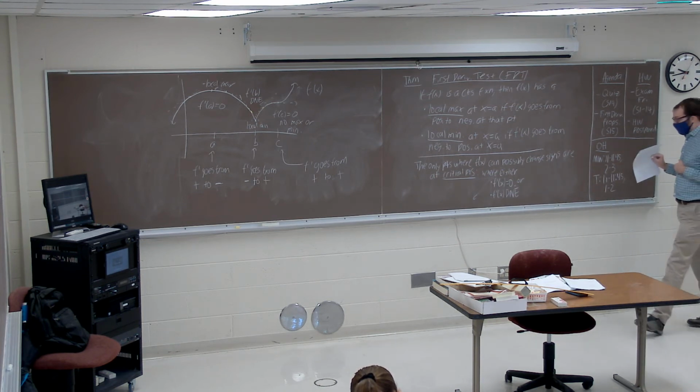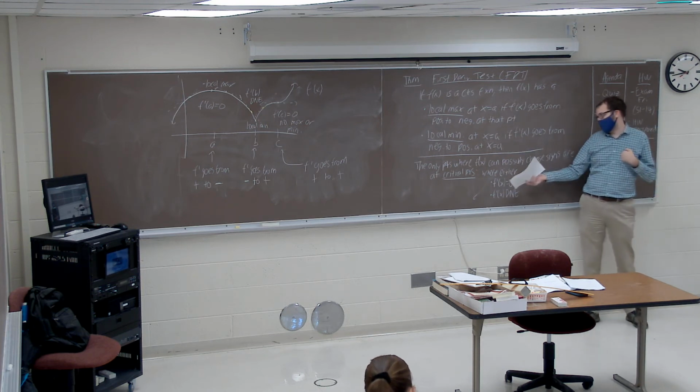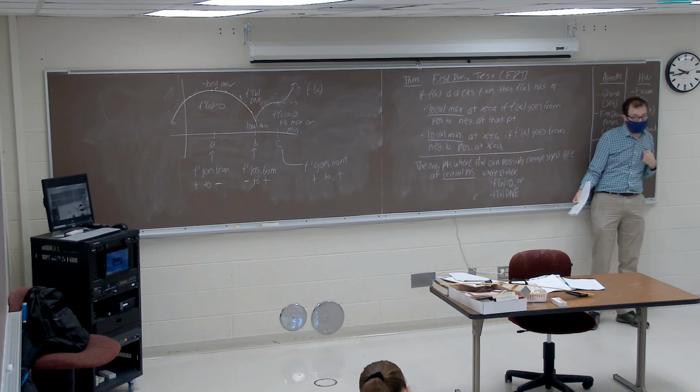So the only place where you could possibly have a local max or min is at a point where the derivative is 0 or undefined. Anywhere else, you can't possibly have a max or a min occurring.